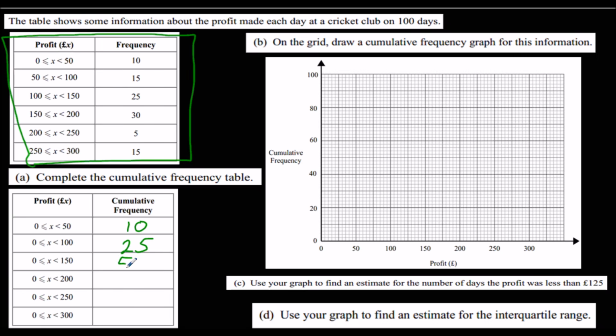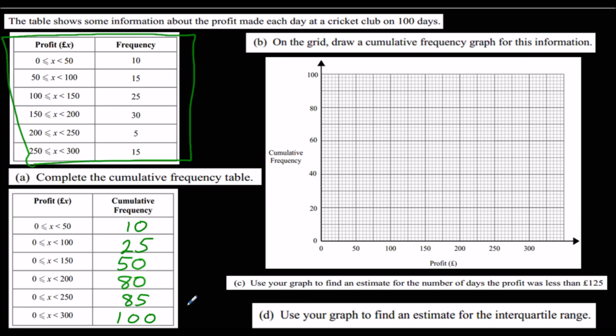Add on 25 makes 50. Up to 200 means add on the next box. 50 and 30 is 80. For up to 250, add on the next one. So 85. And then for everything up to 300, add on another 15 days, which gets to 100.